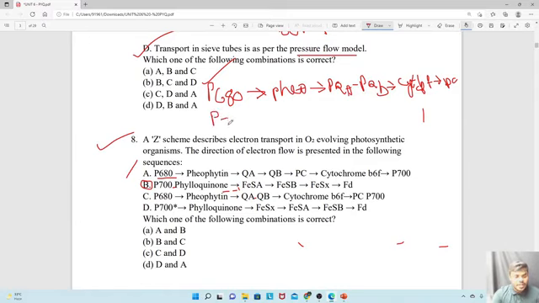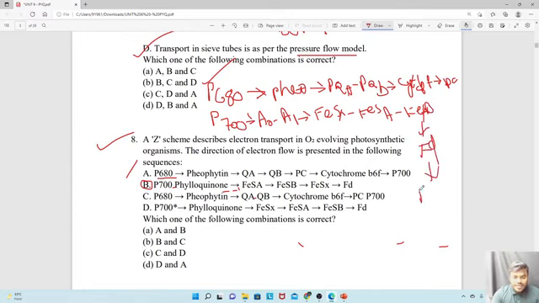Then when you look into the P700, what you have to understand: P700, after that A0, A1. A0 we can call modified chlorophyll A, A1 we can call phylloquinone, then followed by iron sulfur X, iron sulfur A, iron sulfur B, then followed by FD, then FNR, then finally NADP plus.